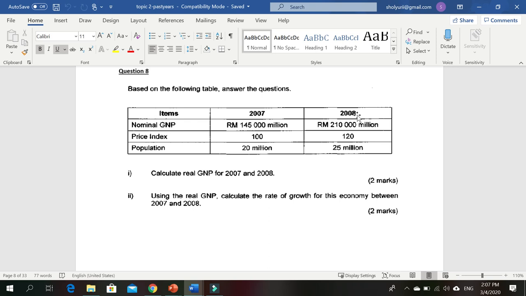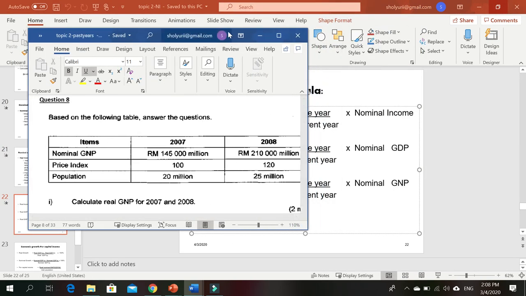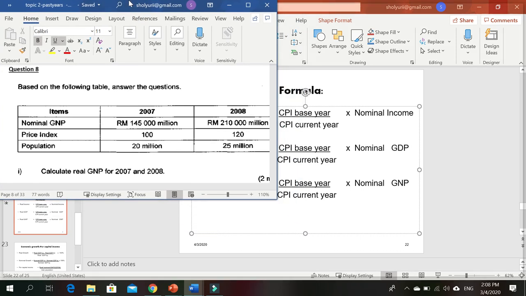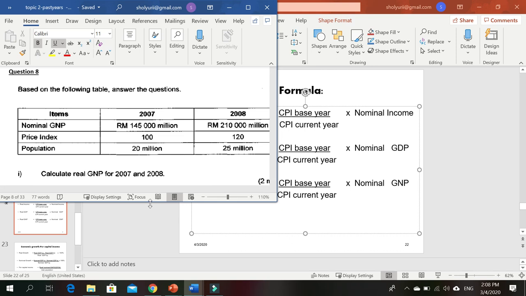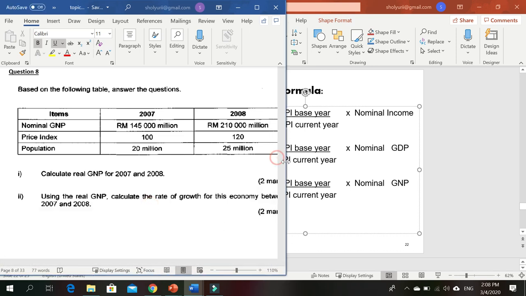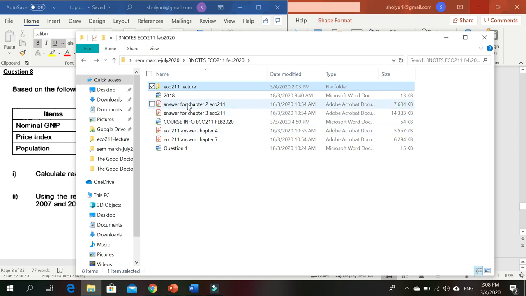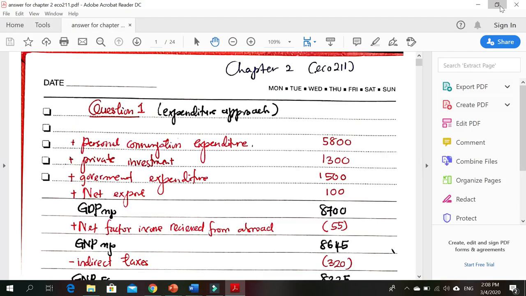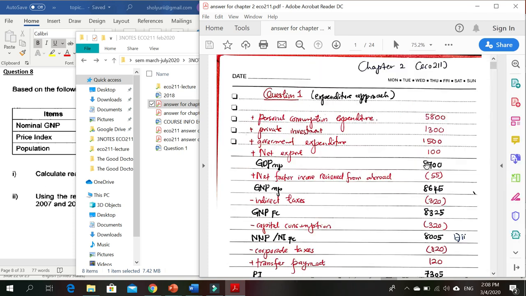For every year, the base year for any year in the question, we write like this: assume CPI base year equals 100. The population is for another question, so we ignore that for now. Okay, so how do we solve this question? Let me show you the solution. I already gave this to you, the answers for chapter 2.